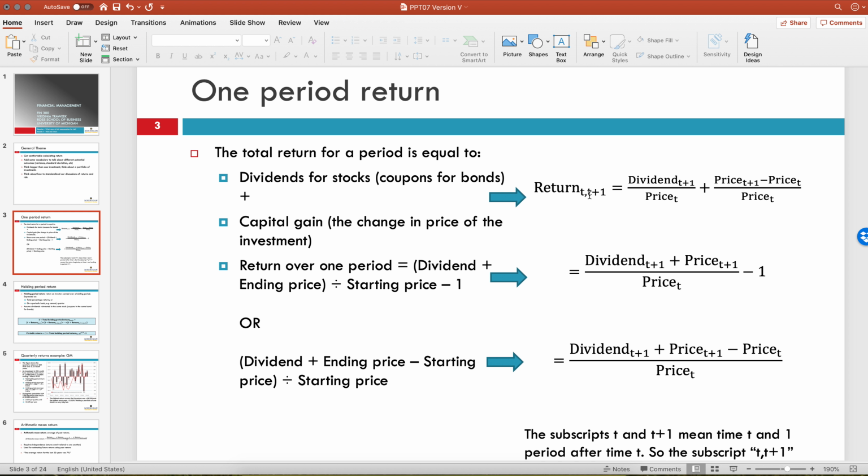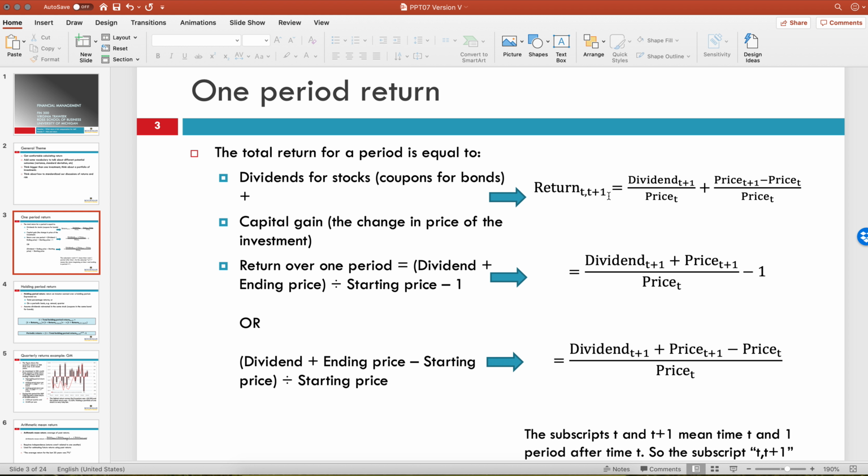The return between t and t+1 is the interest rate that we would get on that investment. The way to think about this when you look at the subscript is the t is the first period, the comma means from this time to that time, and t+1 means the next time.